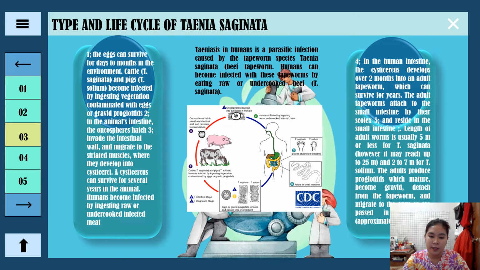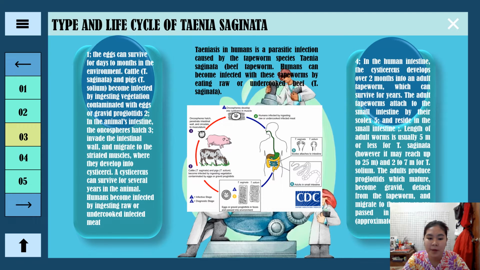Humans can become infected with these tapeworms by eating raw or uncooked meat like beef, pork, and the like. So, Taeniasis is the infection of humans with the adult tapeworm of Taenia saginata. Humans are the only definitive host for Taenia saginata.